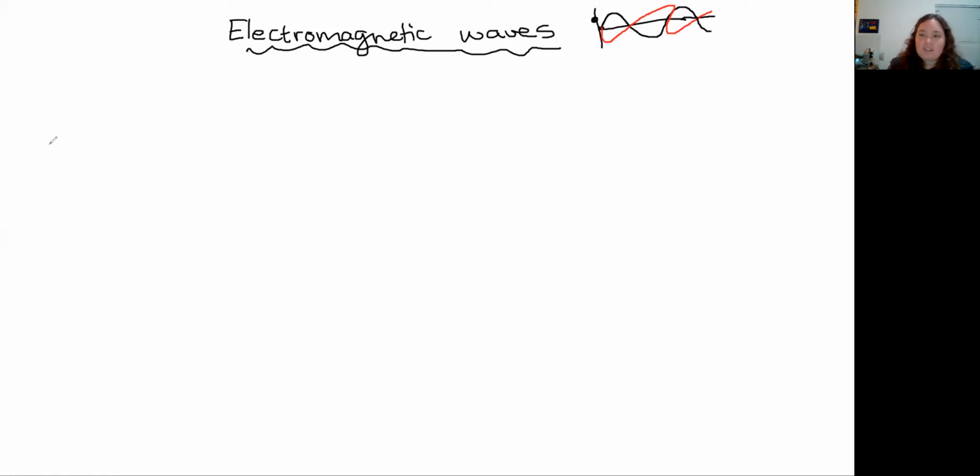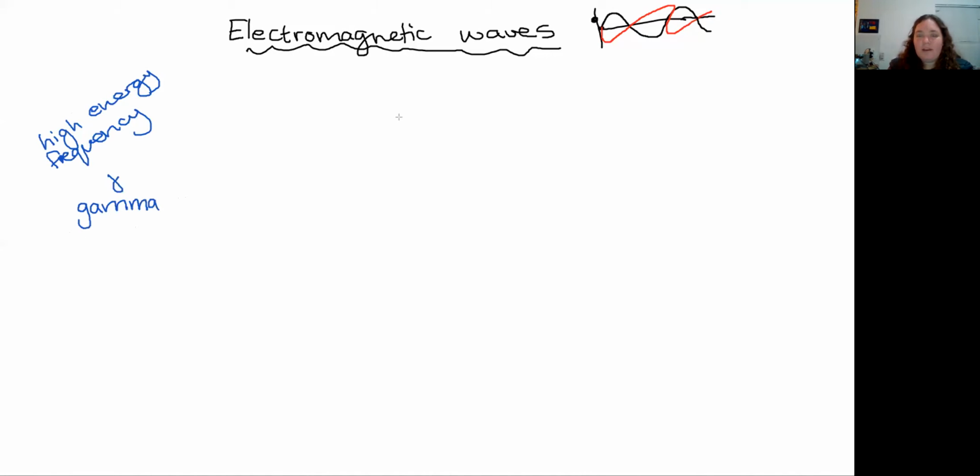At the one extreme, and I like them in this order, but it can be done the opposite way around. At the highest energy, which is also the highest frequency, we have a type of electromagnetic wave called gamma radiation. That's the symbol for gamma. Remember, this is a spectrum.